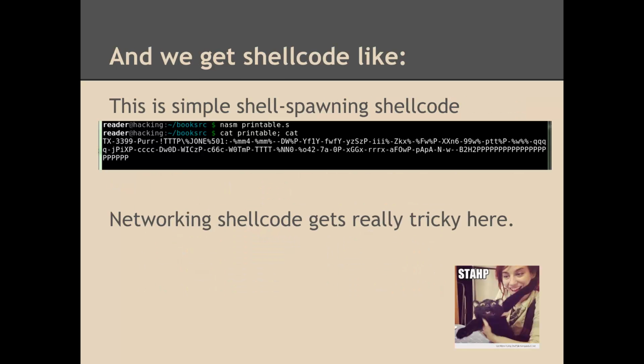And so, for instance, this from the book, I believe printable.s is something on the live CD for the book that provides working connect-back shellcode, or some shellcode that does networking and has been encoded in the printable ASCII range. And as you can see, this is all one ASCII string, and that would not get filtered out by such a buffer restriction from a web application firewall.